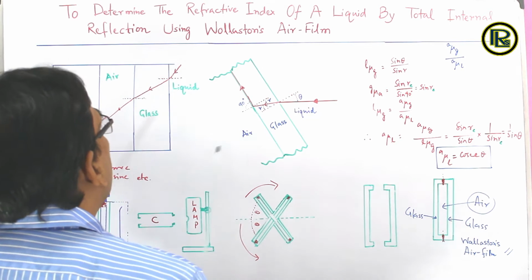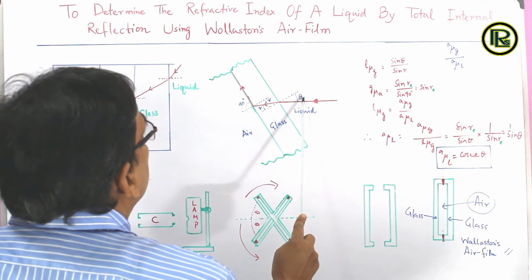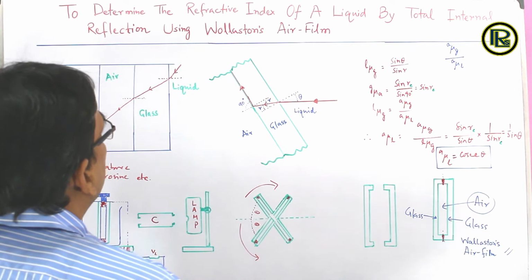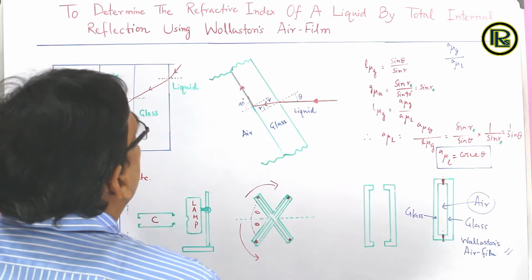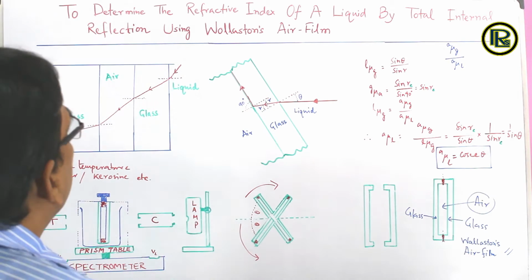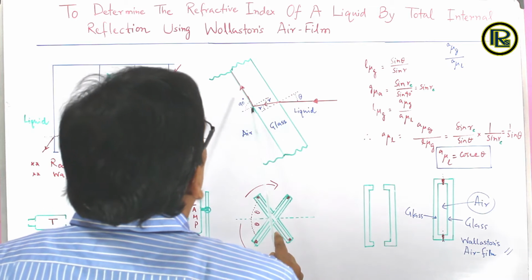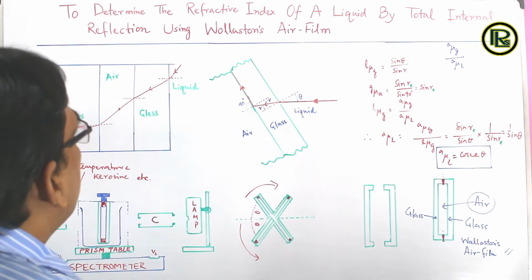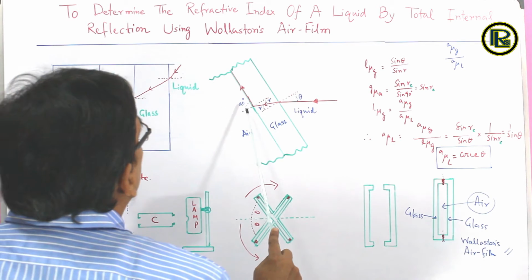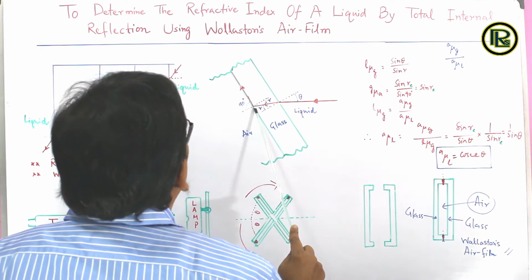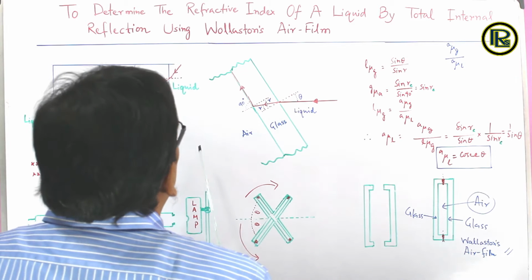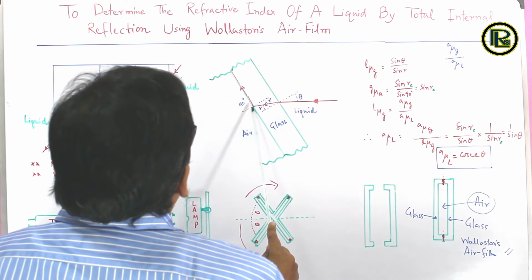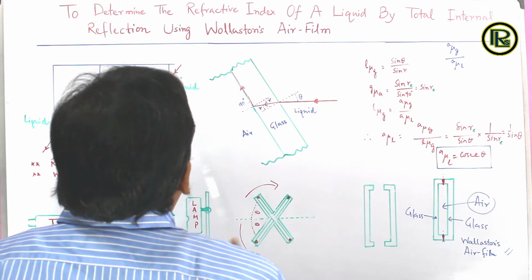Now, if theta is such that this r becomes the critical angle, then total internal reflection will start to occur. So the angle of refraction will be 90 degrees, and the light will get stopped.